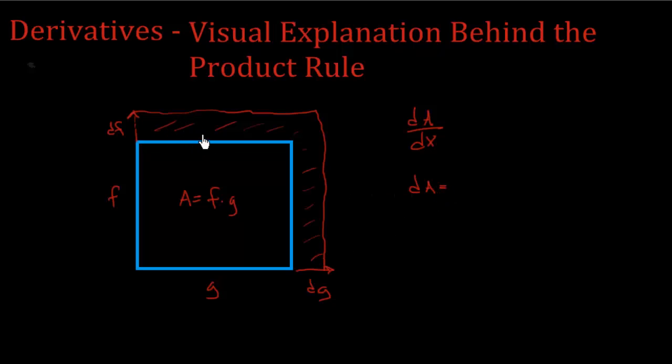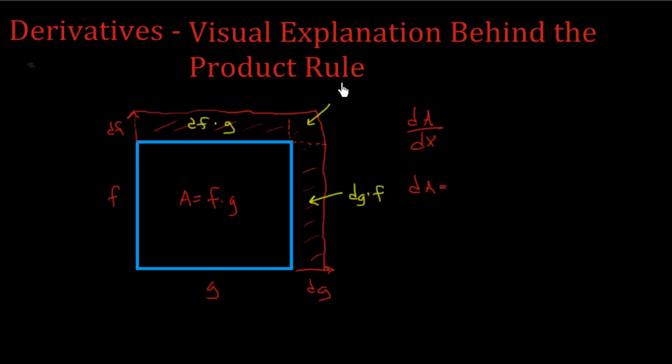So what is the area of dA? Well, if you break it up like this, then this area right here is going to be df times g, right? Because this is g, and this is df, so the area is df times g. And then the area of this piece is going to be dg times f.